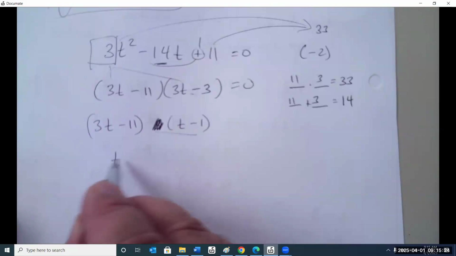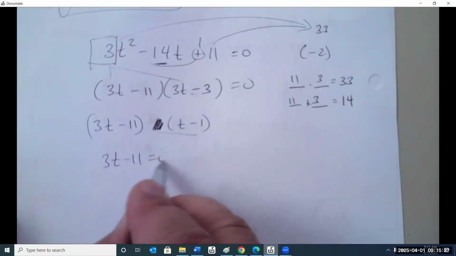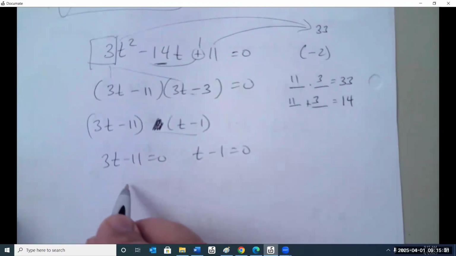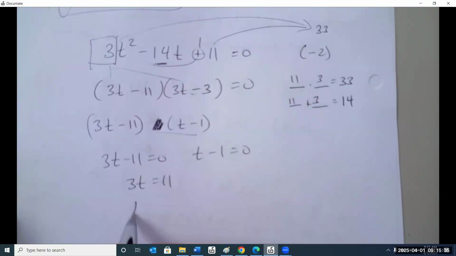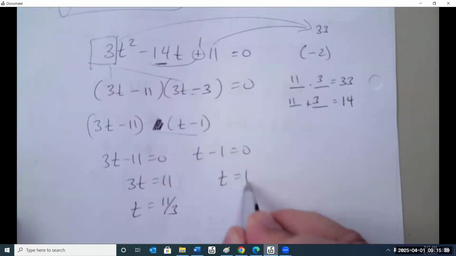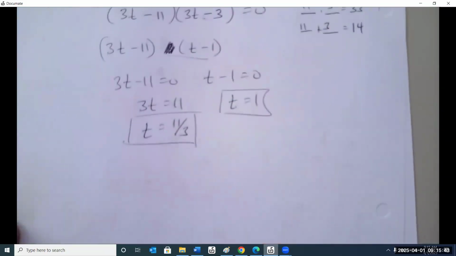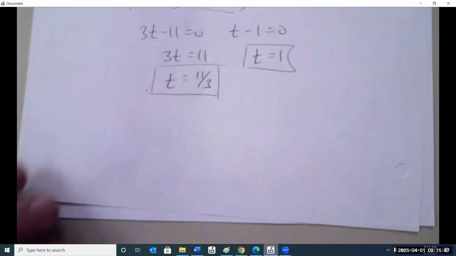So solving each one of these will give us 3t equals 11. T is 11 over 3. T equals 1. So these are my intervals of where it's my velocity.